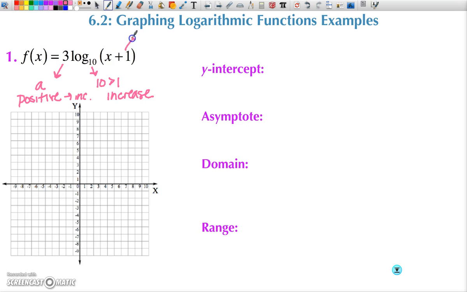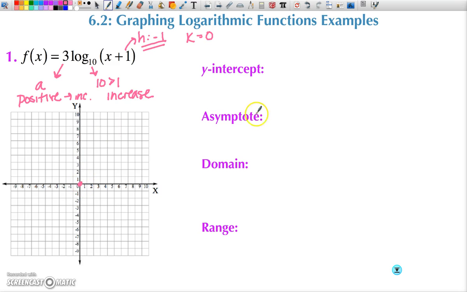This one right here is our h, but remember we change the h, so that's a -1, and there's nothing added or subtracted outside, so k is 0. So normally our starting point would be (1, 0) right here. However, the h shifts it to the left 1 and down nothing. So our starting point is actually going to be here.